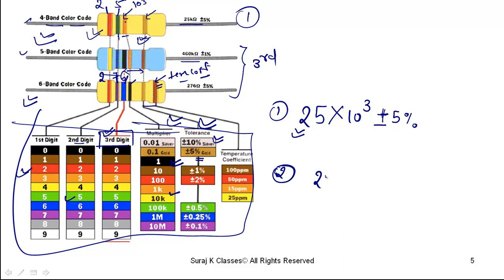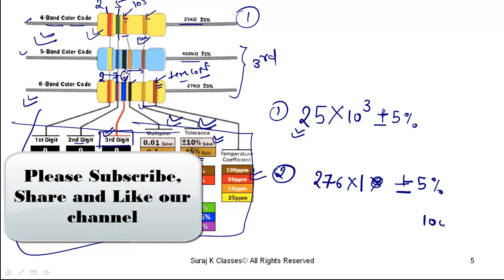So now 276 times 1. This is again plus minus 5% tolerance, but it has a temperature coefficient of how much? It is a temperature coefficient of 100 ppm.